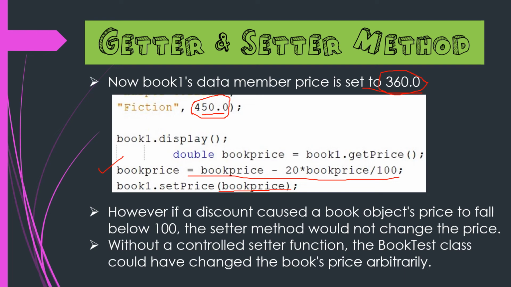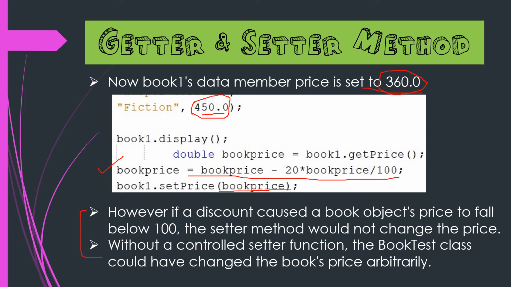Now we were talking about the controlled access. So here we are discussing how the controlled access is given and what is the use of it. Basically, you can see that if the discounted price would be less than 100, then the setter method would not change the price, meaning the price would not be changed.